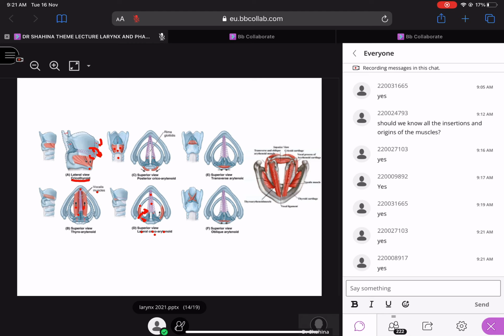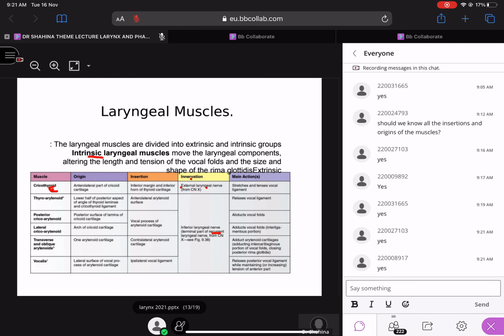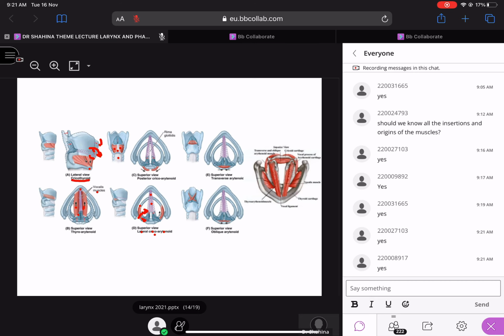Now you have to see, one minute. Where is the vertical? So we finish this and the vocalis. One second, there is one more to show you here.